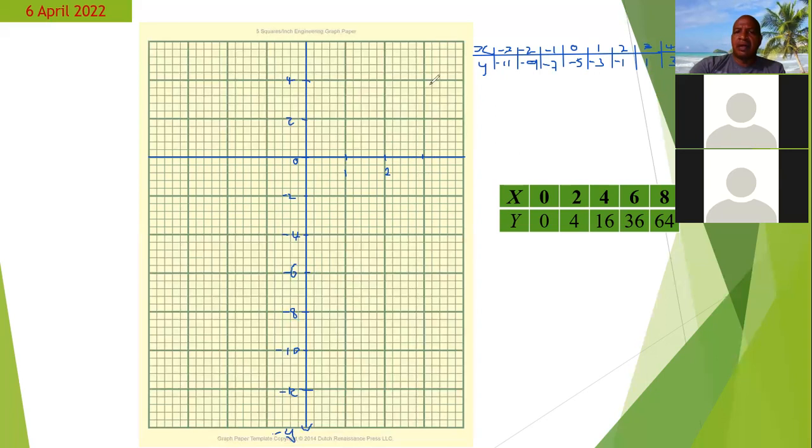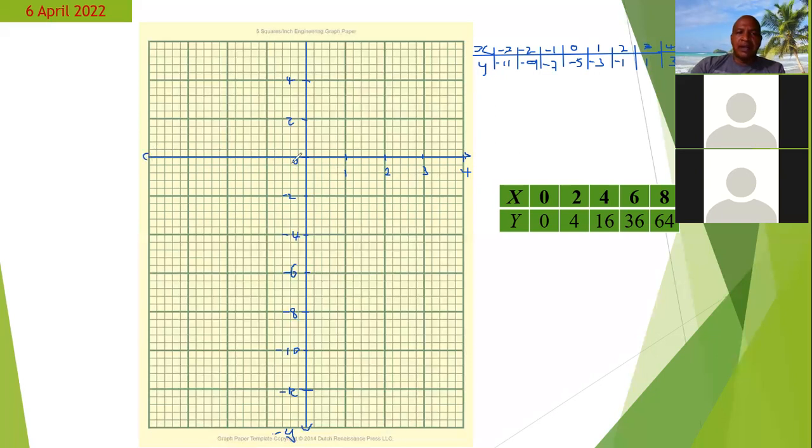And remember, we are going all the way up to 4, so out here we would have positive 4. Now we can put on our arrow tip on our axis.